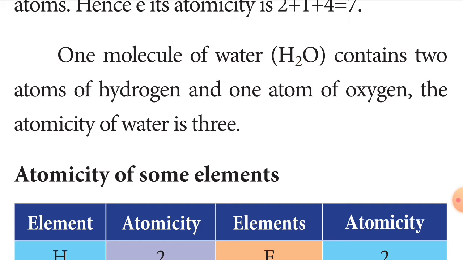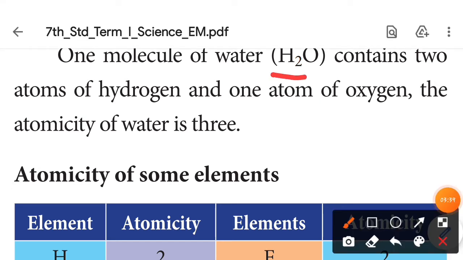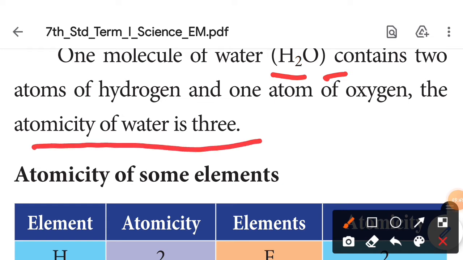Hydrogen contains how many atoms? 2 atoms. Oxygen contains only 1 atom. So totally how many atoms are in the water molecule? 3. Here, 2 plus 1. So the atomicity of water is 3.